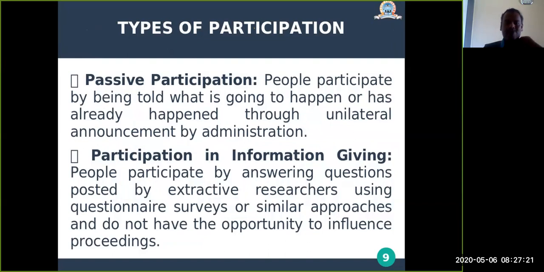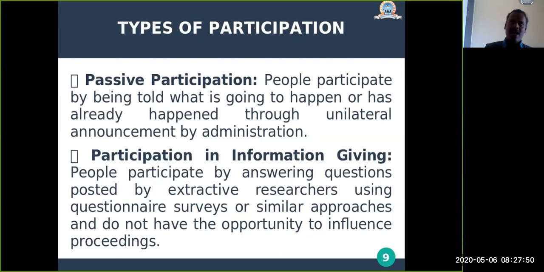Here people participate by being told what is going to happen or has already happened, through unilateral announcement by administration. For example, passive participation means people just receive information from their top authorities. You already planned something, you already developed a program, you just tell the community, even after already starting implementation.